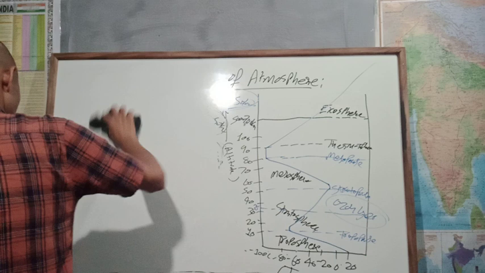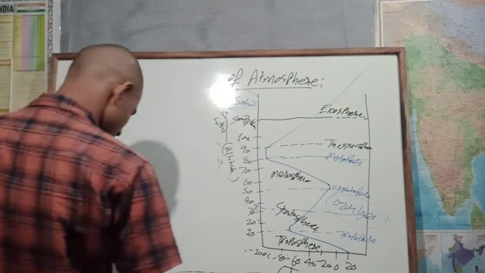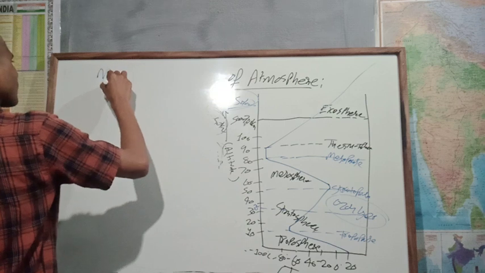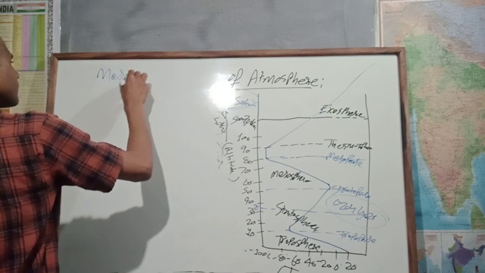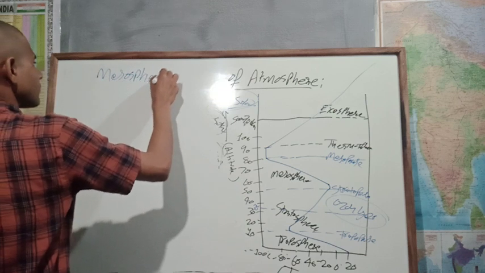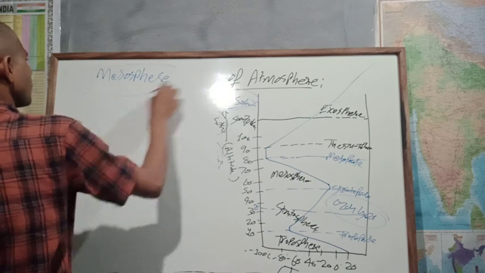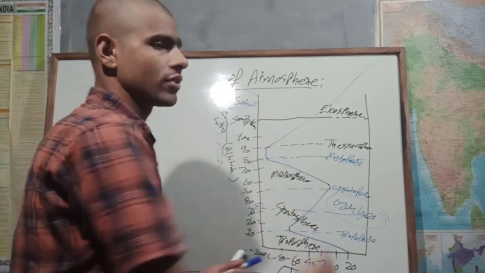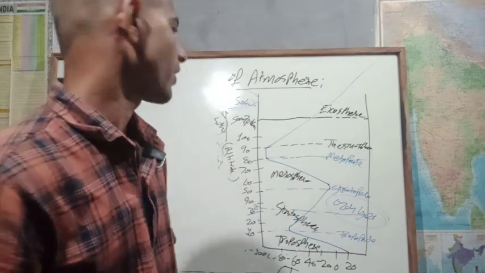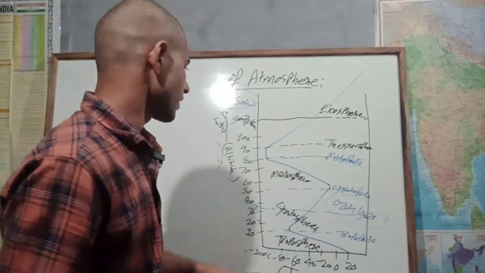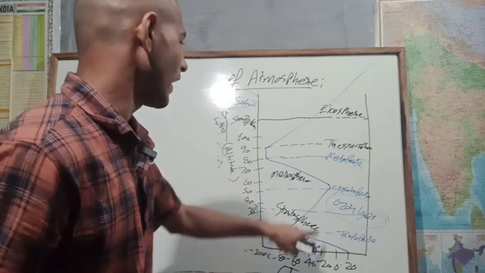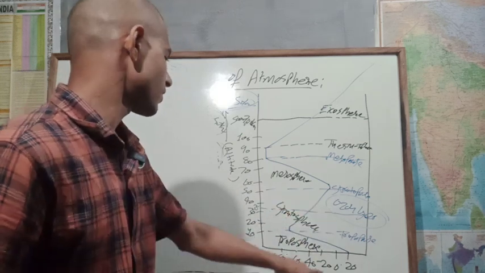Let's discuss mesosphere. Now mesosphere. Here the temperature decreases. Why does the temperature decrease here? And guys, in the stratosphere, at the height of 50 kilometers, temperature reaches 0 degrees Celsius.